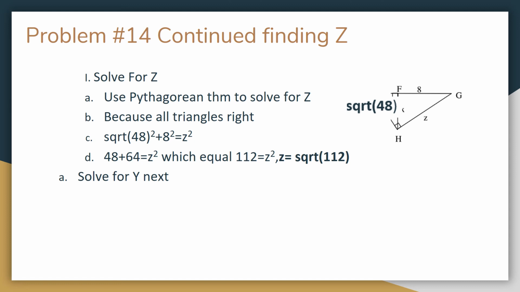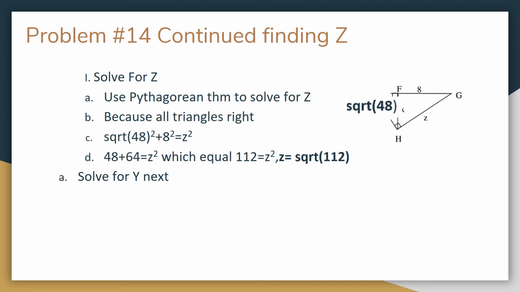So when I do that, I get the square root of 48 squared plus 8 squared equals z squared. Whenever we square the square root, we just pull out whatever's inside the square root. In this case, it is 48 plus 64, because 8 times 8 is 64, and we get 112. And so therefore, z squared is 112. We have to take the square root of that.